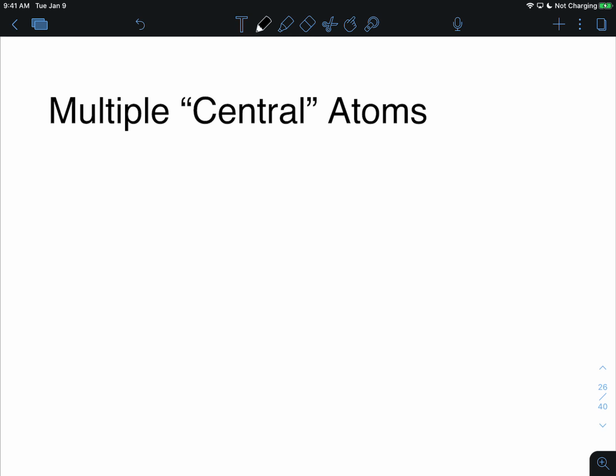What happens if we have multiple central atoms? So far we've only looked at one central atom. Basically, a central atom is just an atom with 2 or more atoms around it. So anytime we have a structure that has more than one atom that has 2 or more atoms around it, we consider that to be a structure with multiple central atoms.